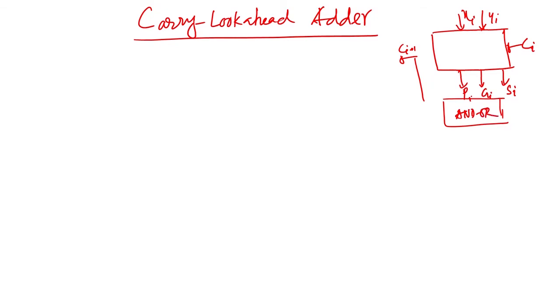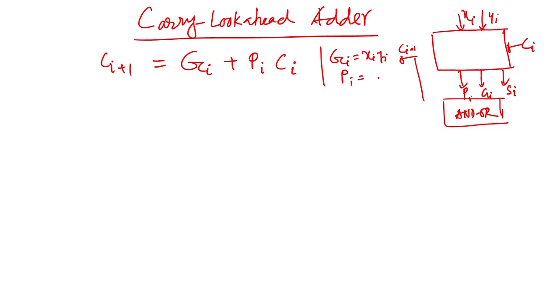So, what we learned earlier is that Ci plus 1 equals Gi plus Pi into Ci, where Gi equals Xi Yi, that is an AND gate, and Pi equals what? Xi XOR Yi. Now, if I generalize it, what do we get?